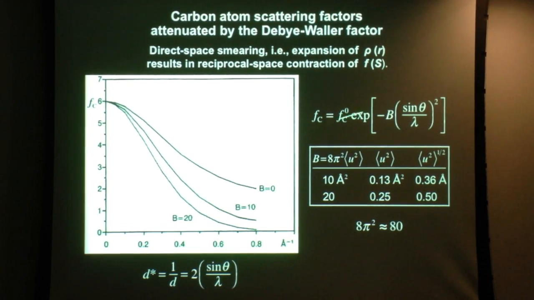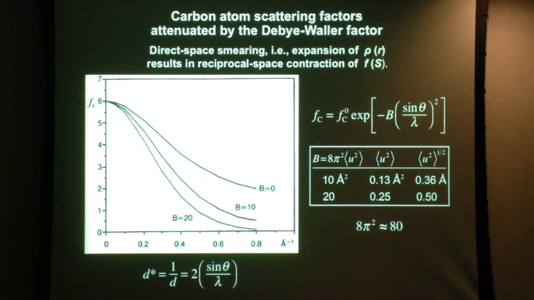Well, that's not quite true. The Debye-Waller factor is an exponential function. So this whole thing, exponential minus B sine theta over lambda, quantity squared, that's the Debye-Waller factor. The B factor is the coefficient that's related to the mean square displacement of the atom. So what are those mean square displacements for these simple cases that we looked at?